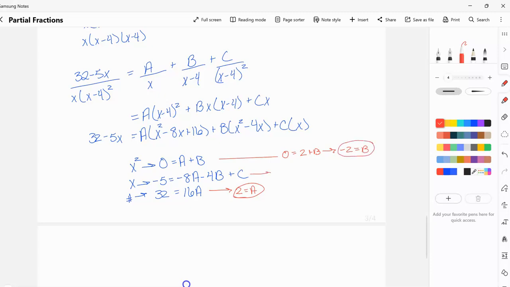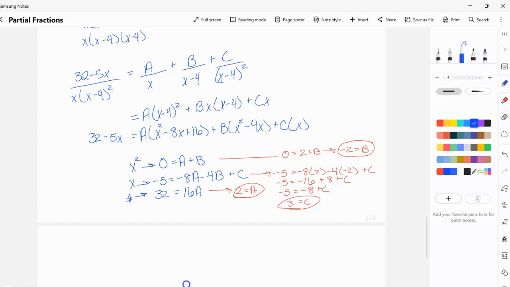And if I know that, then I can find c. So negative 5 equals negative 8 times 2 minus 4 times negative 2 plus c. So that's negative 16 plus 8 plus c. It's negative 8 plus c. So it looks like 3 is going to be equal to c. So there's my a, b, and c.